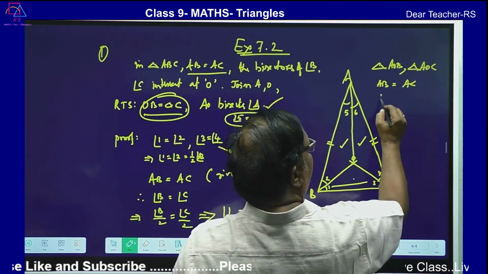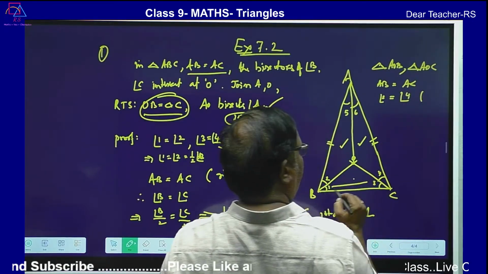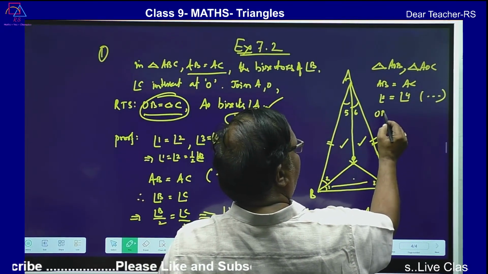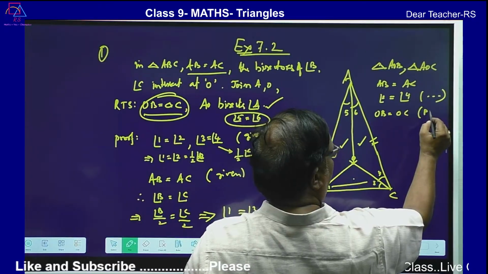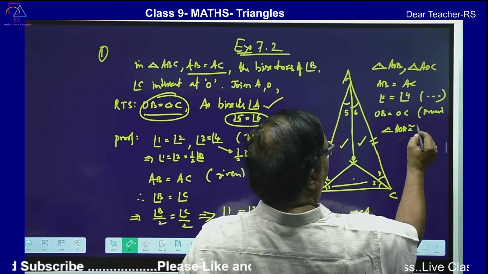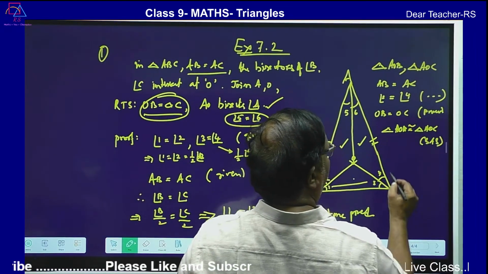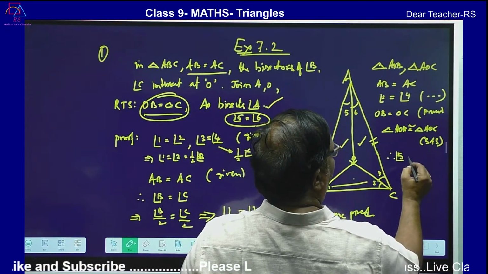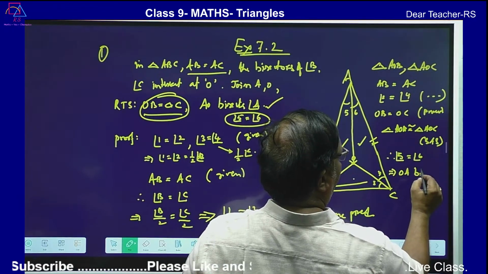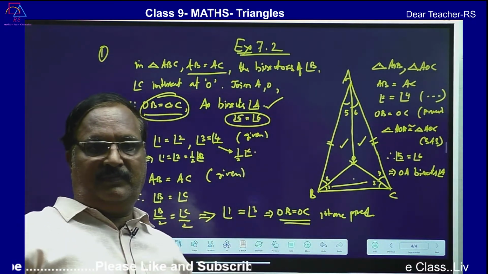Angle 2 is equal to angle 4, because they are half of angle B and angle C. And OB is equal to OC, just now proved. Therefore, triangle AOB is congruent to triangle AOC by SAS. Therefore, angle 5 is equal to angle 6. That means OA bisects angle A. Okay.